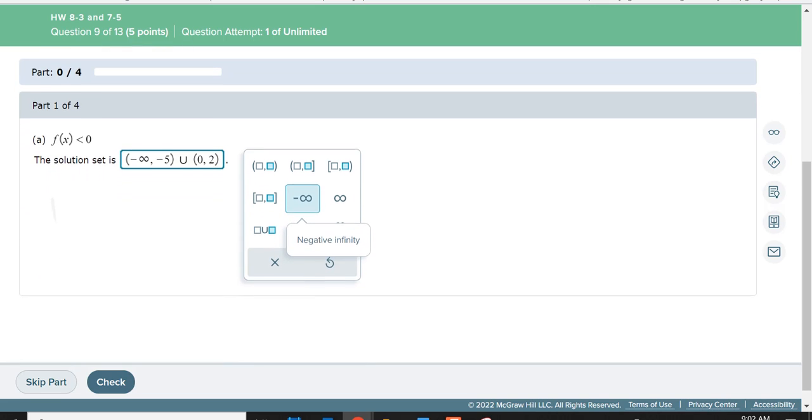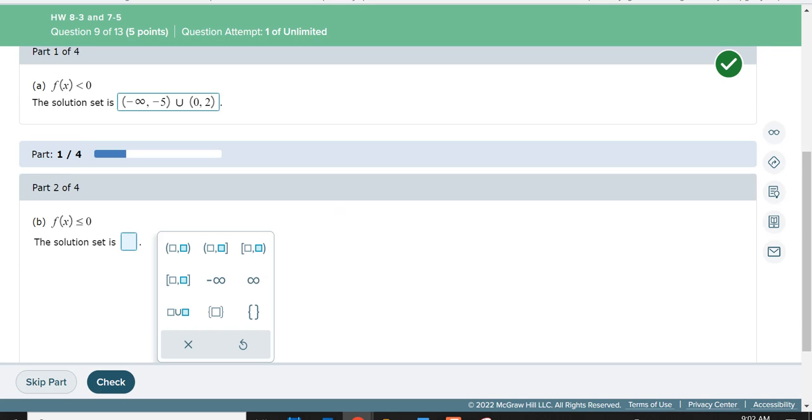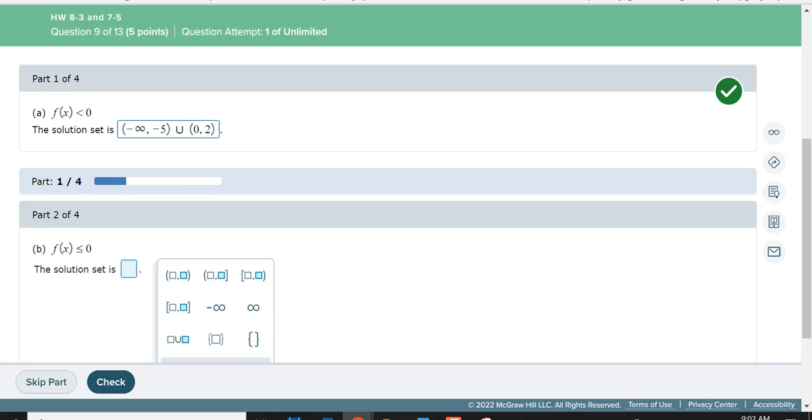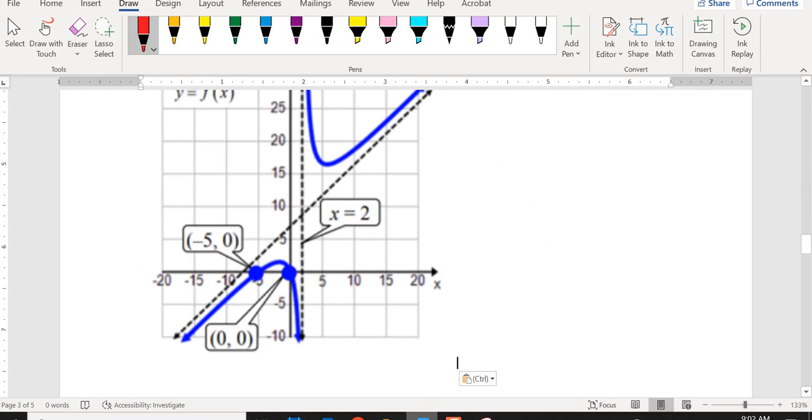All right. I bet next part wants me to find where's it less than or equal to 0. So going back to my graph, we said it was less than 0 here and here.